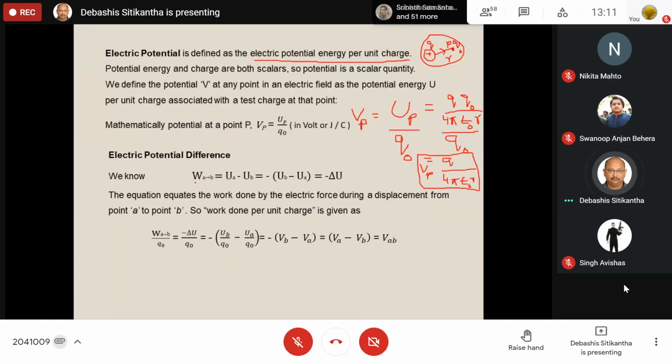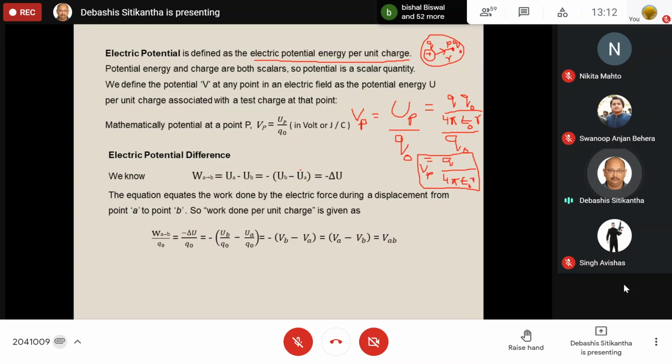Over here, the work done in moving a charge from point A to B, we have already derived this equation, and there we learned that it is nothing but the potential energy at the point A minus the potential energy at the point B. Since we have to express it in terms of change in potential energy, I have put a minus sign and written UB minus UA, because your change in potential energy is defined as the final value of the potential energy minus the initial value.